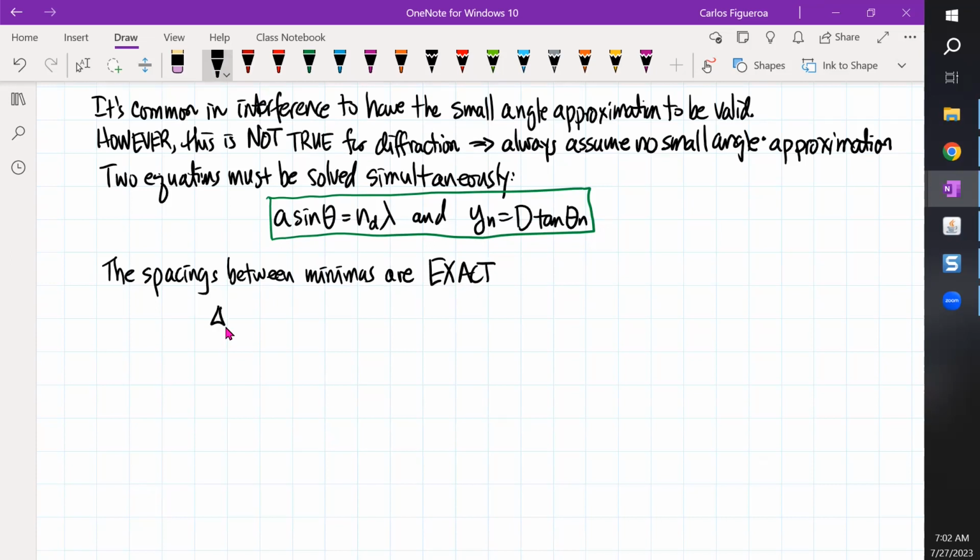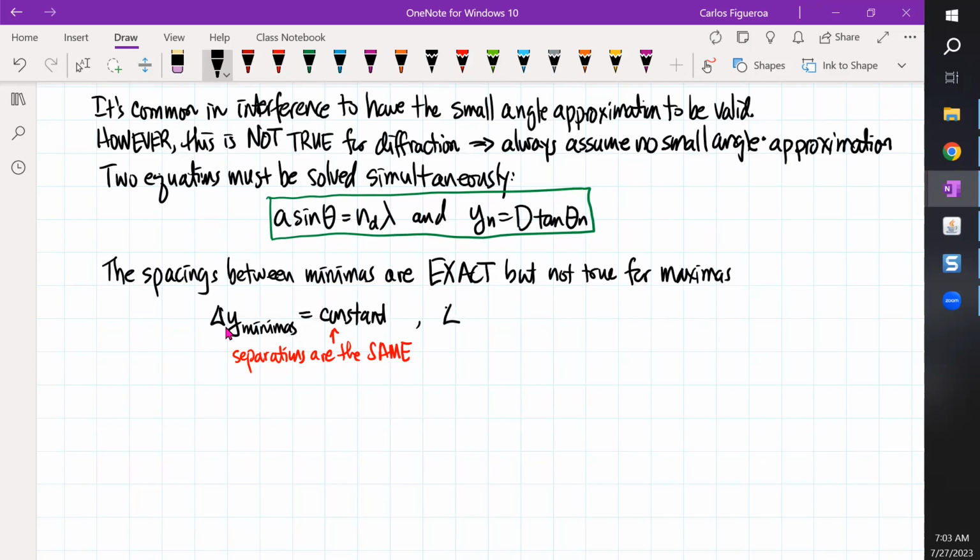So if I look at the spacings between minimas, this is a constant and fixed value. They're the same separations. That is not true for maximas.